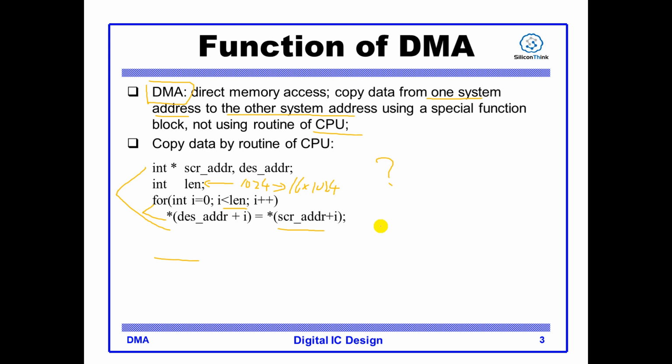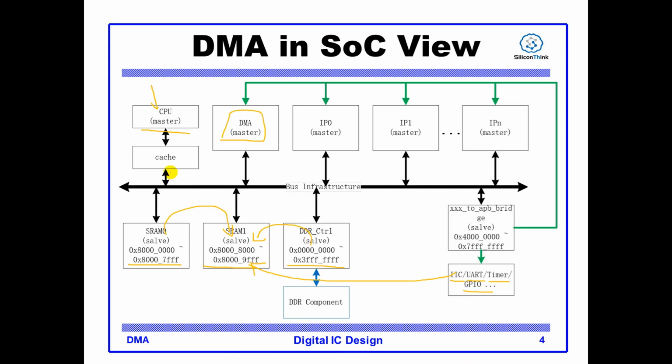And the second is, if you use the for loop to copy data, it seems that there may be just a single transfer at this point. If you have some understanding of bus system, the performance of the whole bus may increase if you use burst transfer.